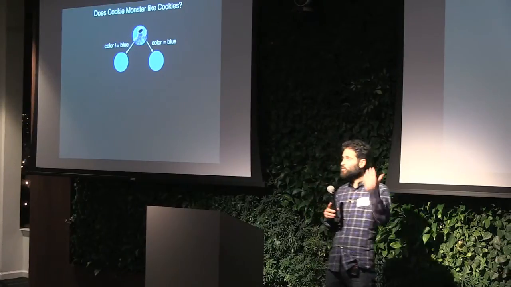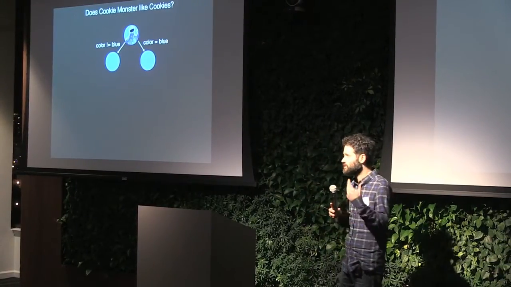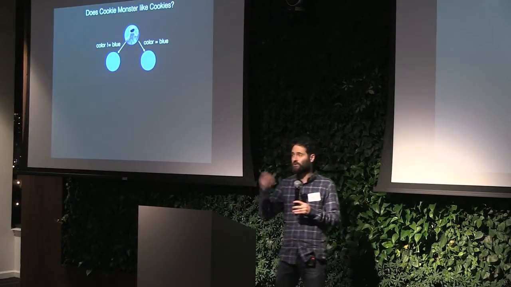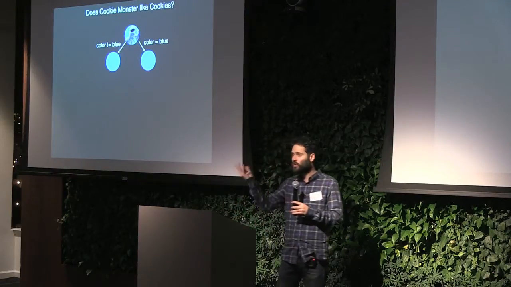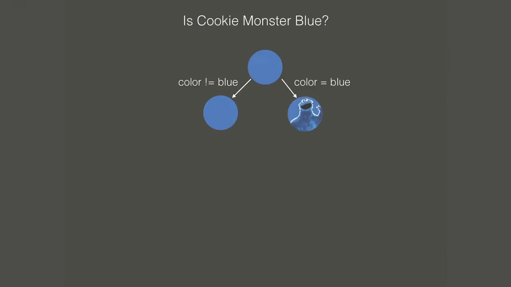You have some predicate: is the color associated with this instance blue? Based on the answer to that for this particular observation that you're feeding in, you go to one child or the other. In Cookie Monster's case, it is blue, and so you go to that node. And then you have some prediction associated with that node, and that is the result that you return. So yes, Cookie Monster does like cookies, so that's good.